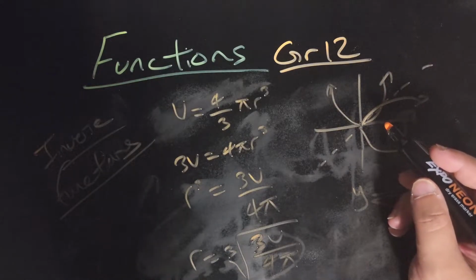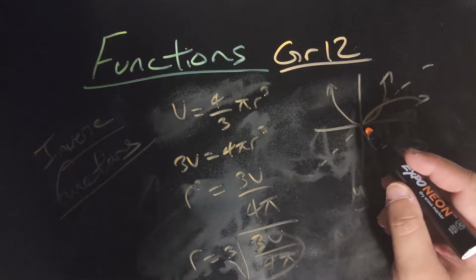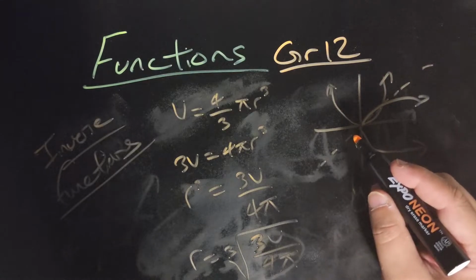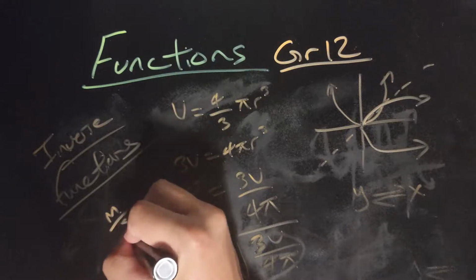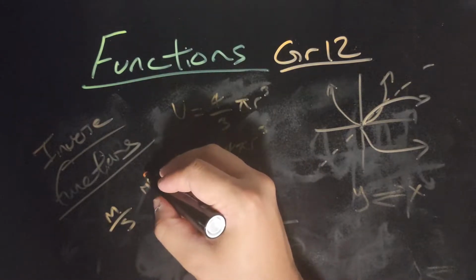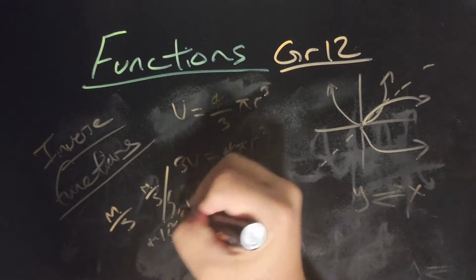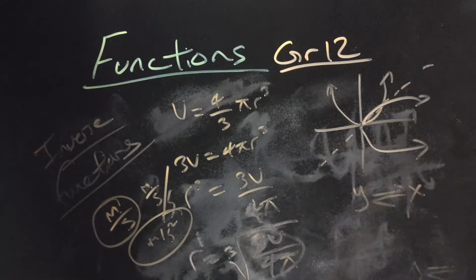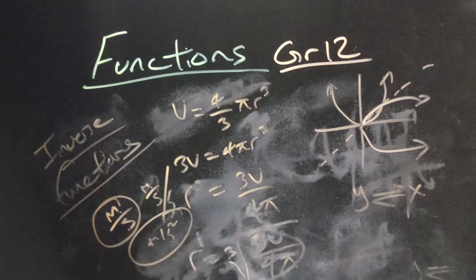It's basically just a review before we go into the next chapter, where we start interpreting functions as rates of change, where we have things such as meters per second, which is speed, and meters per second squared, which is acceleration, all things that are used very heavily in the real world.